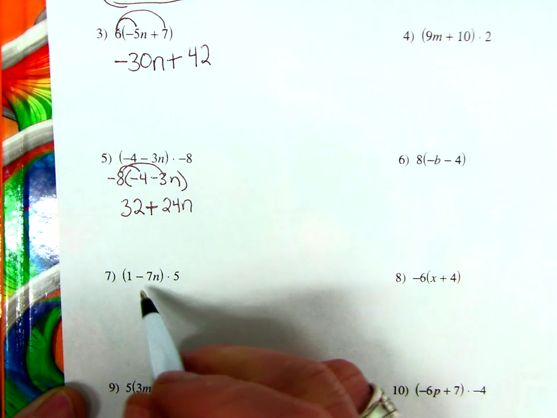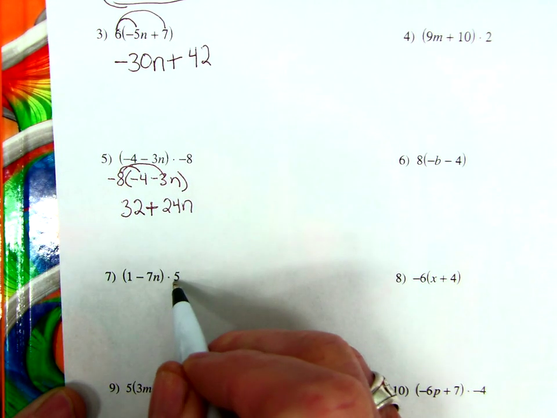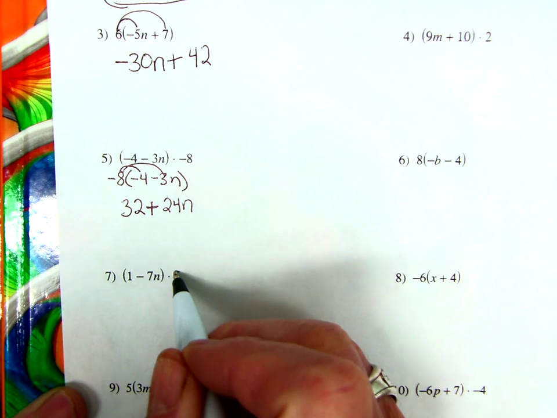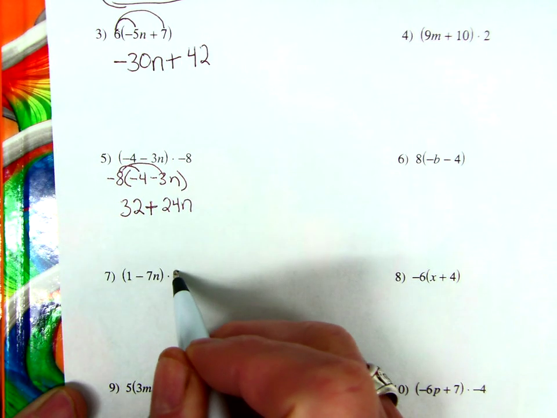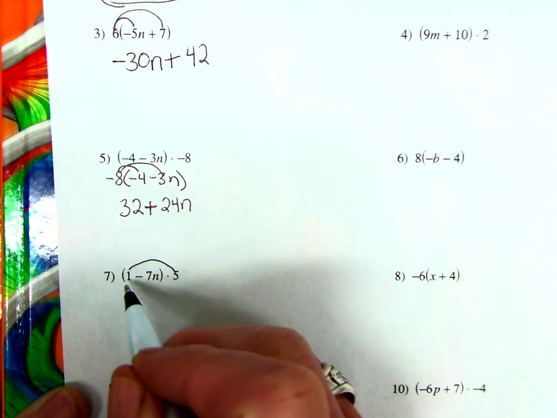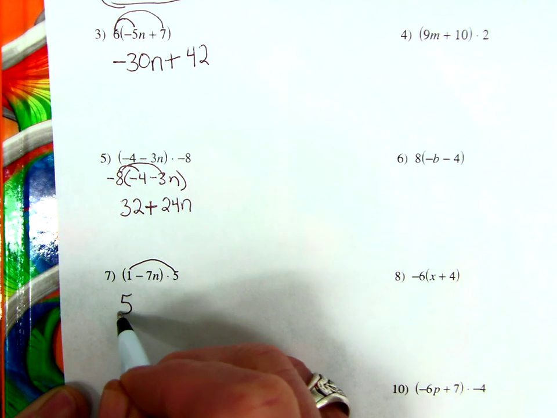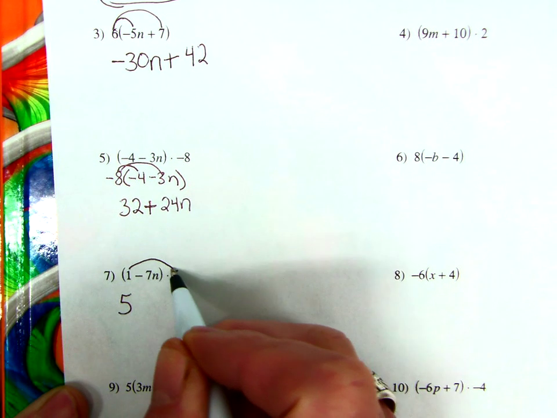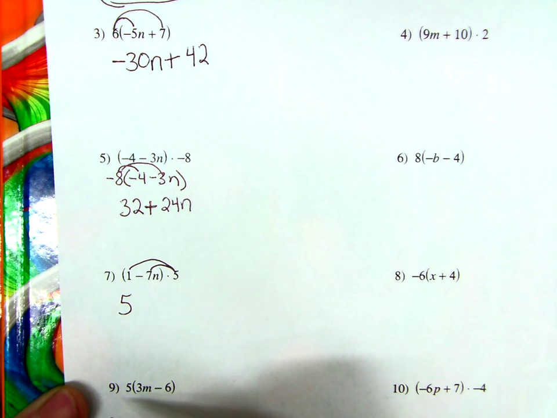So we move to the next one. I'm going to do this without moving the 5, and it will mean the same thing. 5 times 1 is 5. And now it's 5 times negative 7. 5 times negative 7 is negative 35.